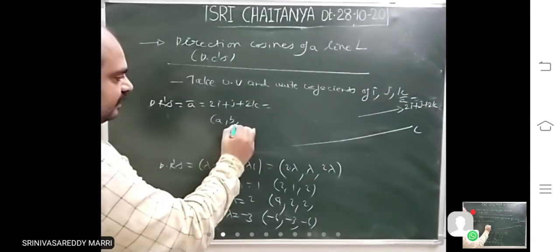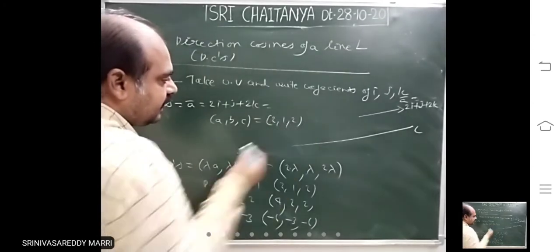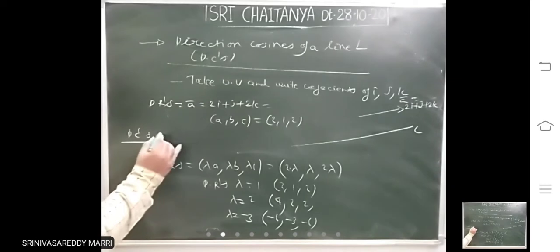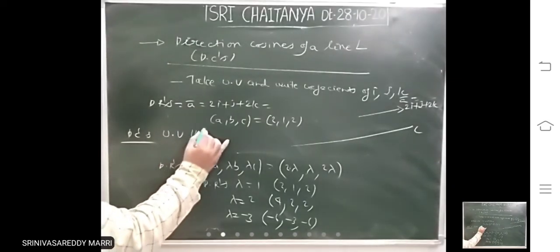Therefore, A comma B comma C is nothing but 2 comma 1 comma 2. Just that vector. Now, DCs means a unit vector you must take parallel to that line.